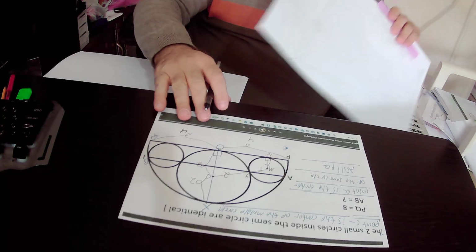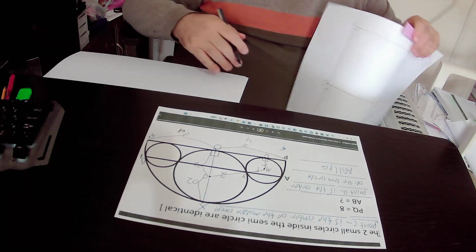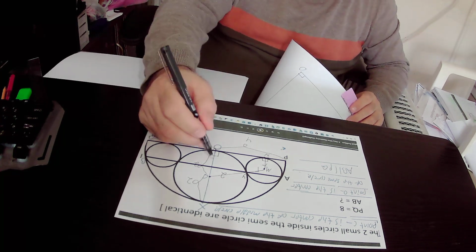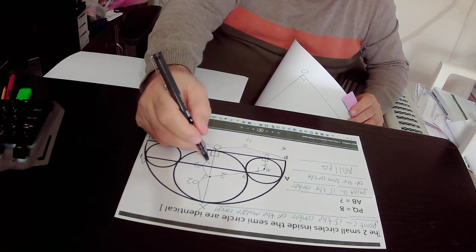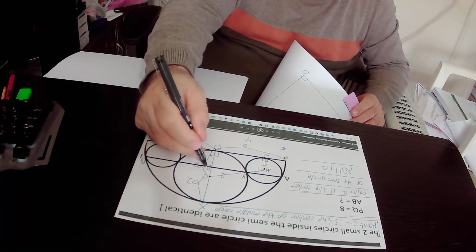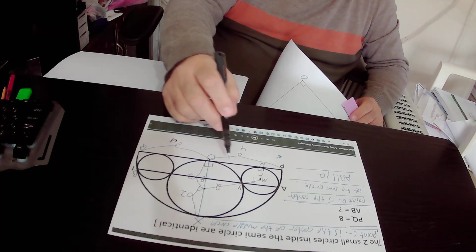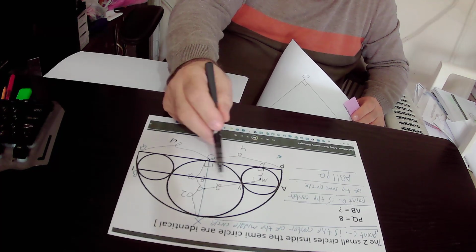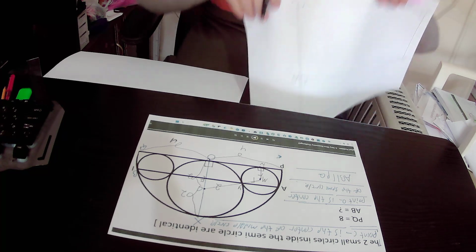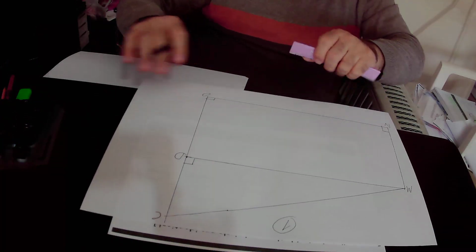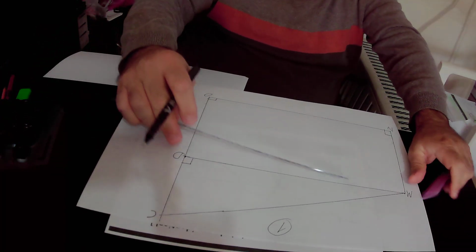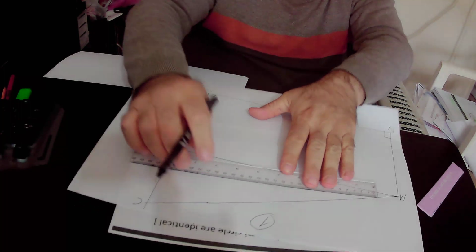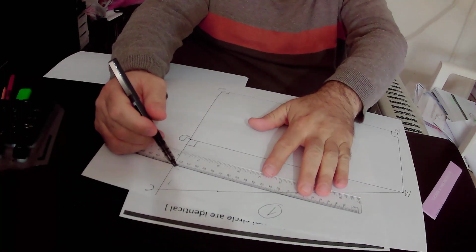And here we have also, we will define this point as point E. So I will draw the segment line YE in this drawing. This will be the segment line YE.